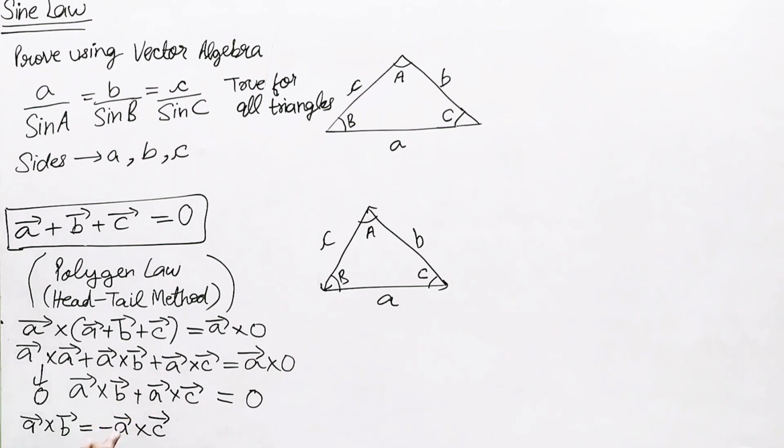It was positive, now it is negative, and A into B stays the same on the left hand side. On our right hand side our value was 0, so that's why I've used A into C on the right hand side.